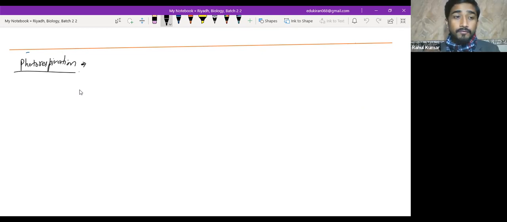But photorespiration is something different. It's specific to plants and photosynthesizing organisms. What happens, as the term says, the word photo means light. Photo means light. And respiration is respiration.